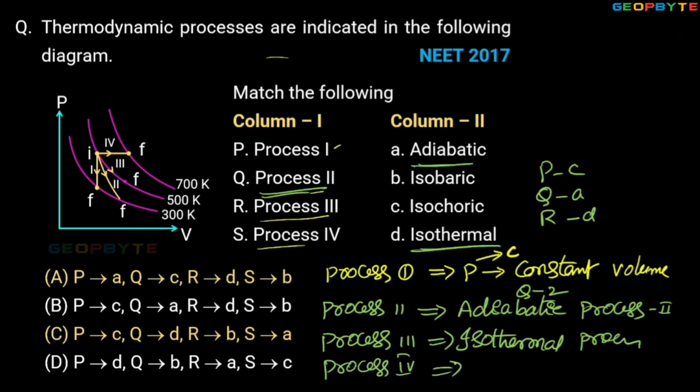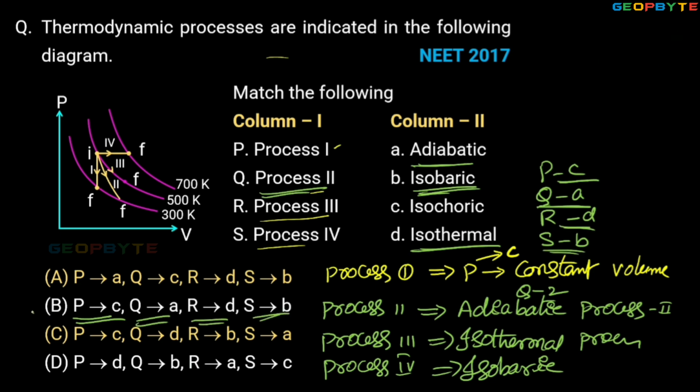Isobaric means constant pressure, so that is given as B. That means SB. PC, QA, RD, SB. Therefore, option B is absolutely correct.